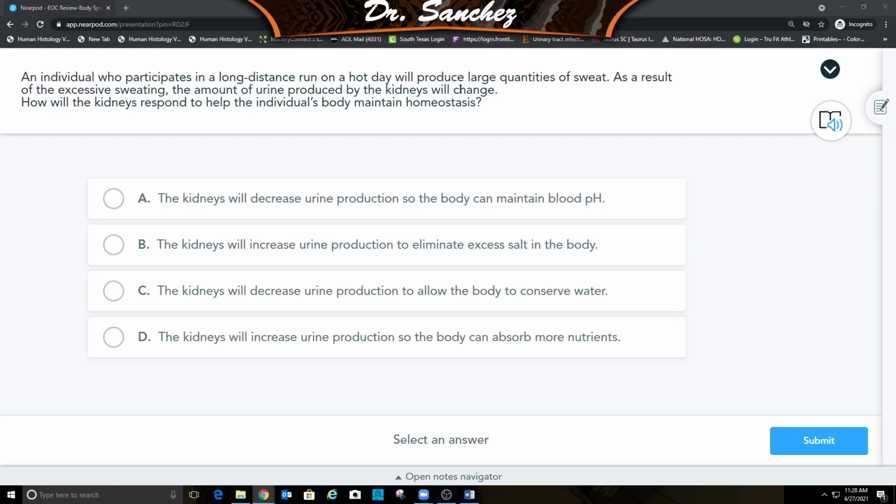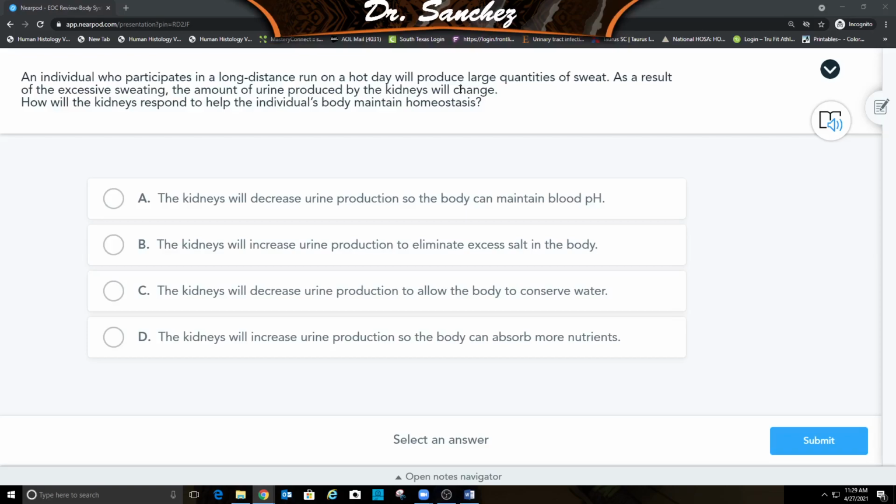How would the kidneys respond to help the individual's body maintain homeostasis? So, is dehydration getting out of balance? If you're too dehydrated, does that mean your body is no longer in homeostasis? So in other words, breaking down to simpler terms, if you're losing too much water and you're dehydrated, is your body in a state of equilibrium? No, it's not.